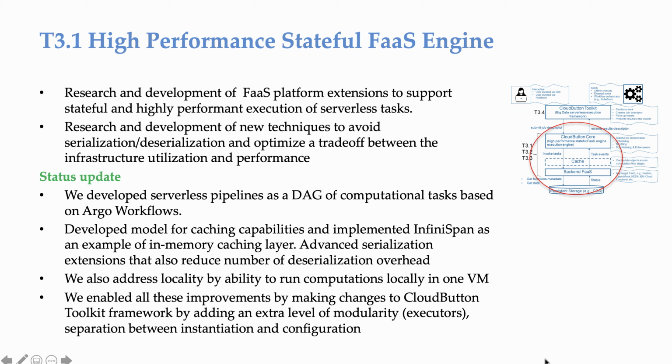It contains a lot of things that we need to implement, and, for example, to also develop new techniques for how to make those invocations more efficient, in particular serialization, deserialization, and again, how to make high-performance execution of those tasks inside the backend engine.